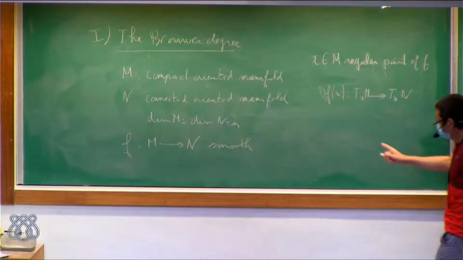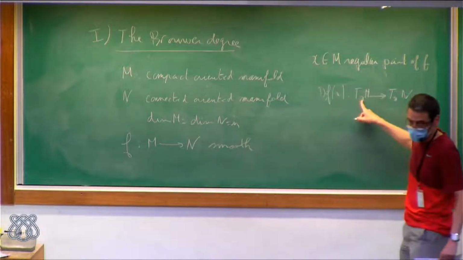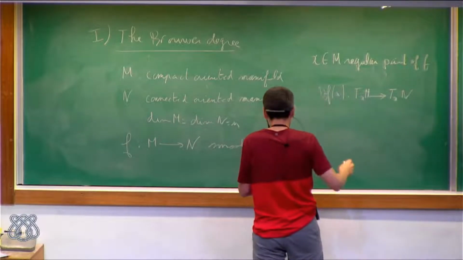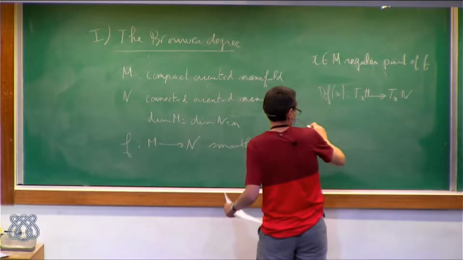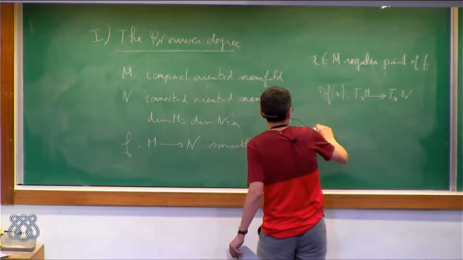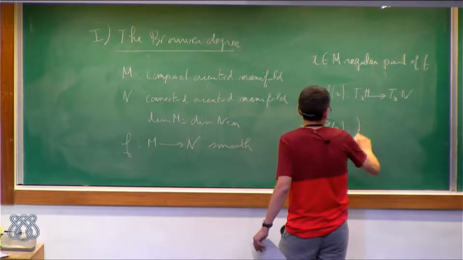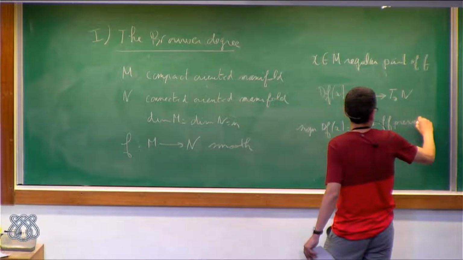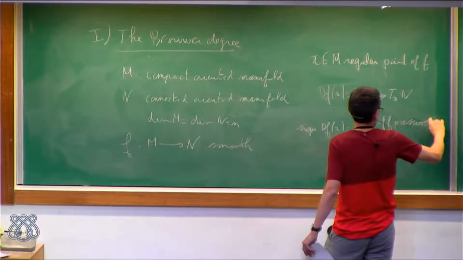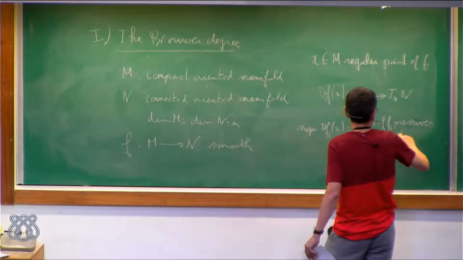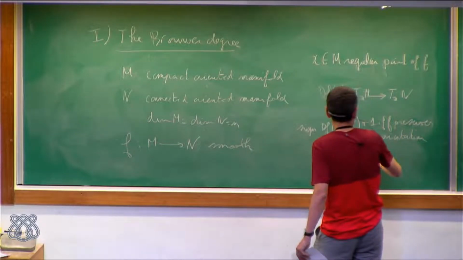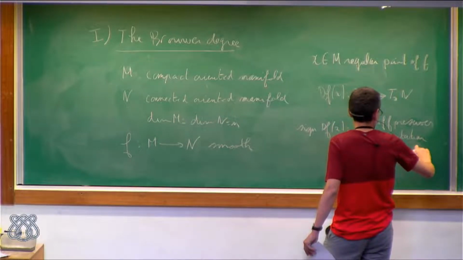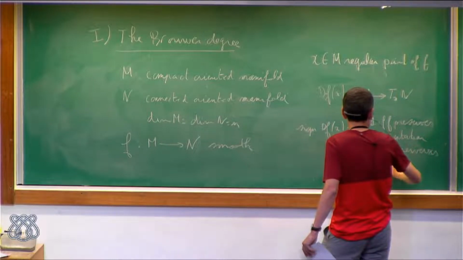So I say that the sign of x is +1 if the differential preserves the orientation, and it's -1 if the differential reverses the orientation. So the sign of df_x is +1 if F preserves orientation, and -1 if it reverses orientation. Okay.